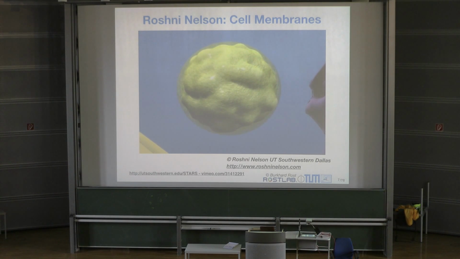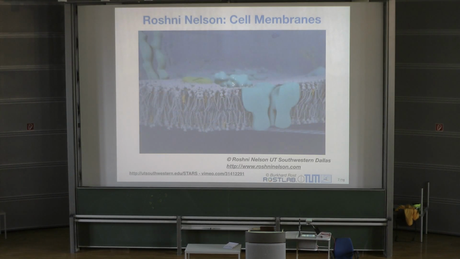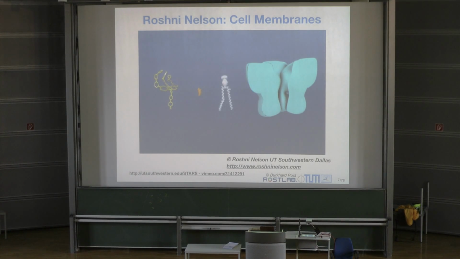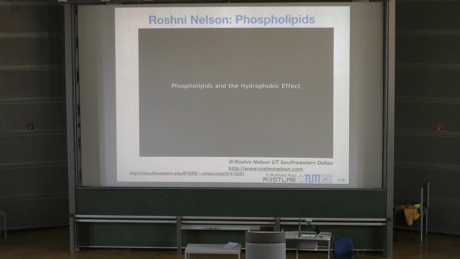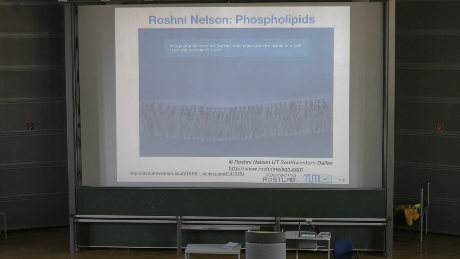Membranes serve to separate the contents of a cell or organelle from its surroundings. Here you can see a lysosome, an enzyme-containing organelle, as it is digesting an old, worn-out organelle. The membrane surrounding the digested enzyme is necessary as a barrier between the digested enzyme and the rest of the cell. The cell membrane is made up of 4 main components: carbohydrates, cholesterol, phospholipids, and proteins. Lipids form a barrier that separates the inside of the cell from the outside of the cell.